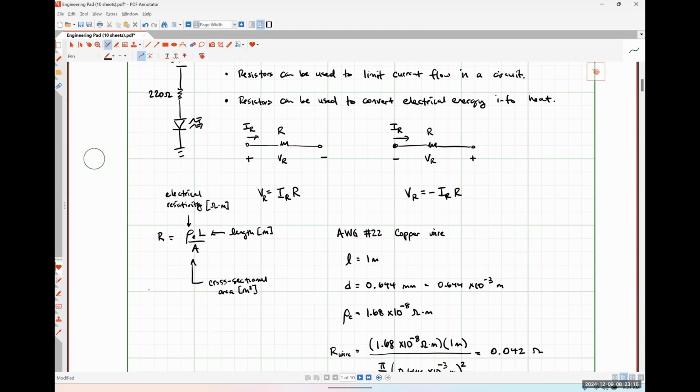So this is the reason why we can neglect wire resistance in our circuits most of the time, okay? Now, for those of you that go out into industry and you're having to wire up things like HVAC units to a load center that might be hundreds of meters away, the resistance of the wire can start to make a difference.